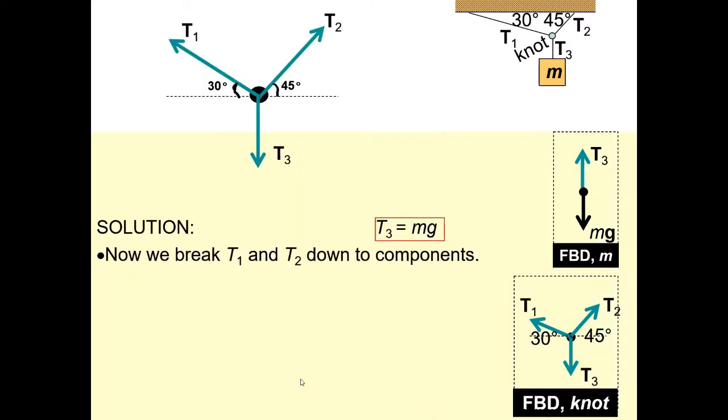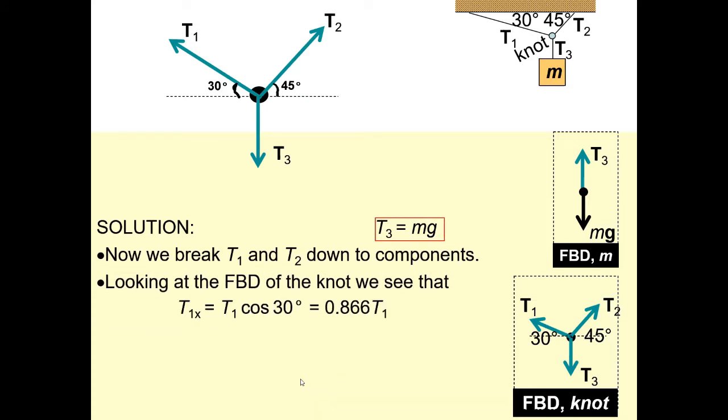Now we break T1 and T2 down to components. Looking at the free body diagram of the knot, we see that the x component of T1 is adjacent, so T1 times cosine 30 degrees, which equals 0.866 T1.